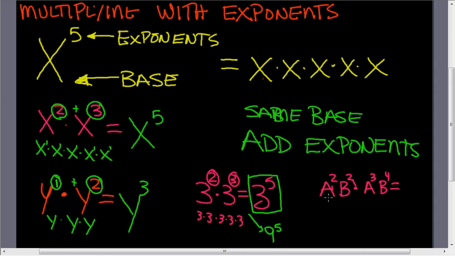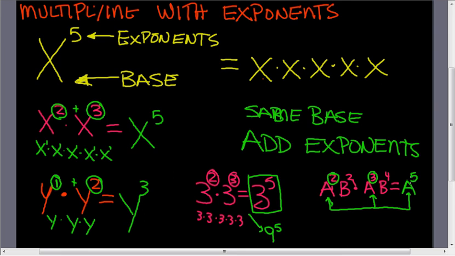So right now, there's an a here. We're going to combine that with an a there. A to the power 2 times an a to the power of 3 is, just add the exponents. 2 plus 3 makes a to the power of 5.